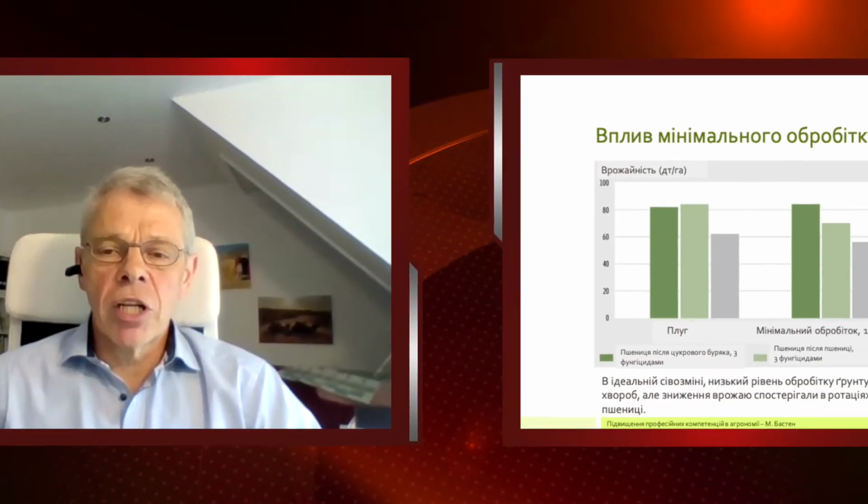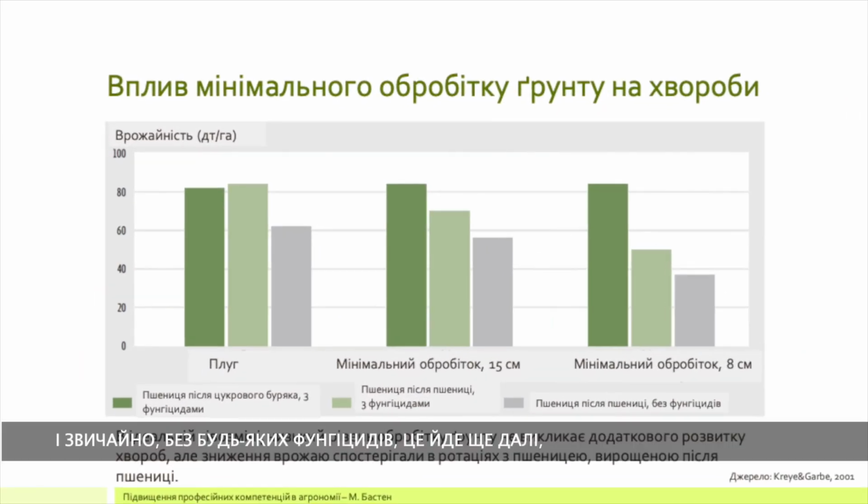But if the rotation is less optimum, with two wheat crops, then we will see a reduction in yield with low tillage, and more pronounced even with a very shallow incorporation of the straw, and of course without any fungicides. It goes even further down because the disease pressure is very, very high and cannot be fully controlled by the fungicide application.